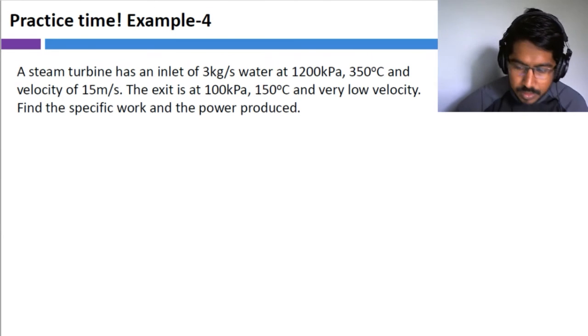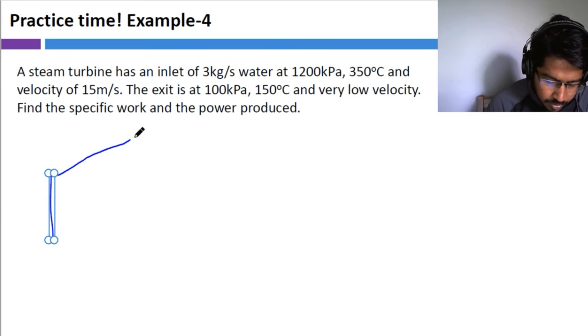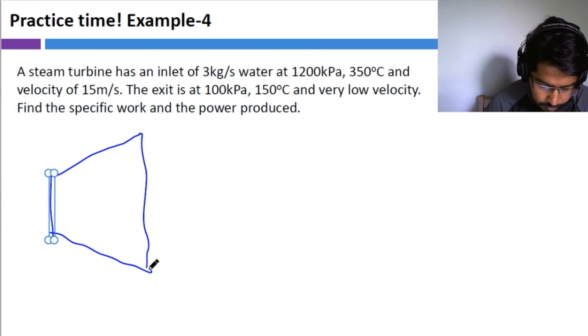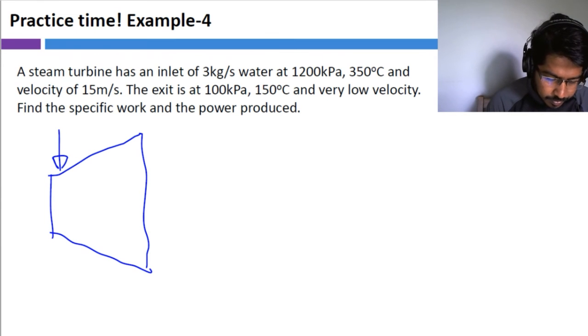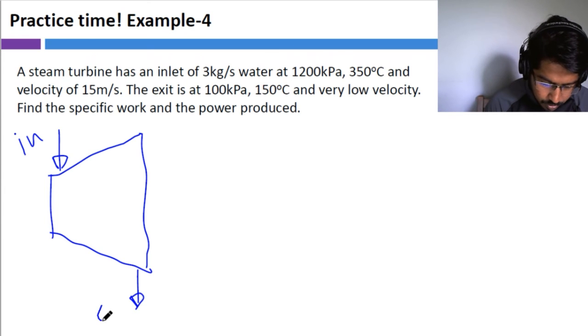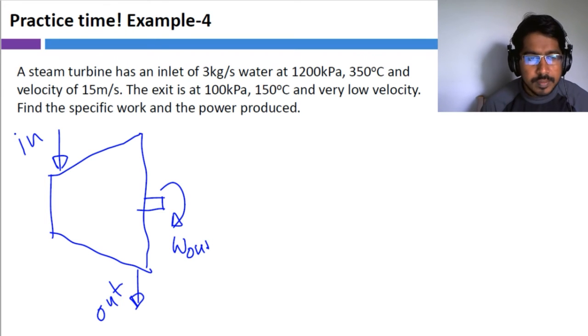Okay, let's go through the solution together. So this question discusses a steam turbine, right? This is, let's say, the inlet, and this goes out, and then we have W out. The conditions are listed here.